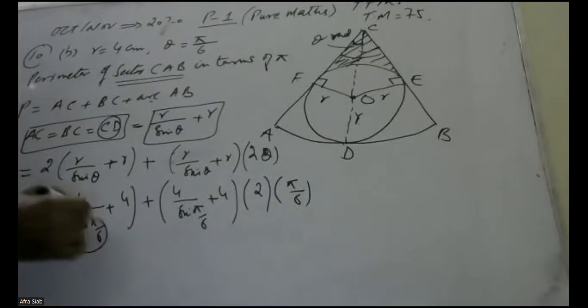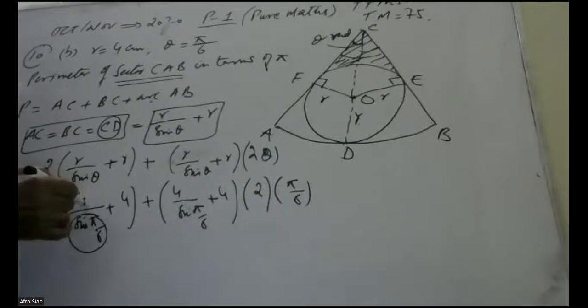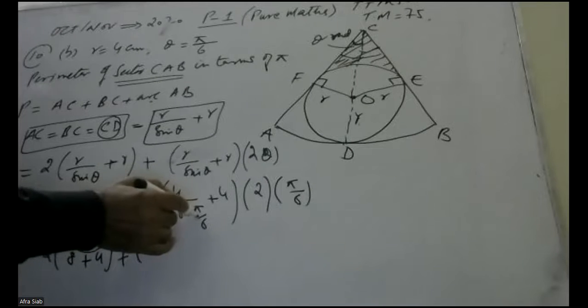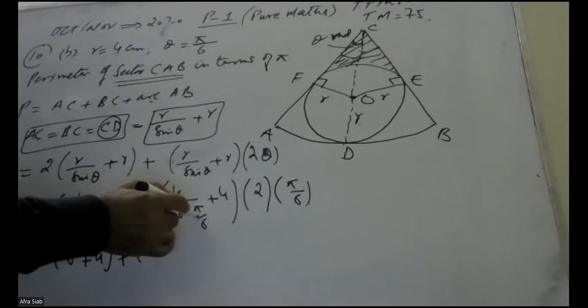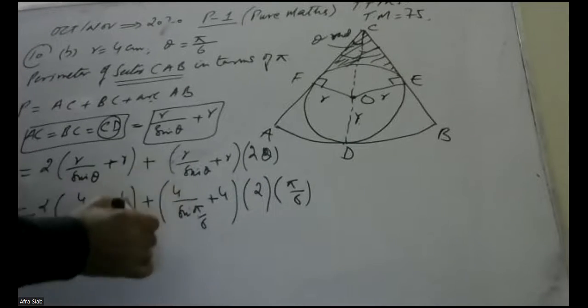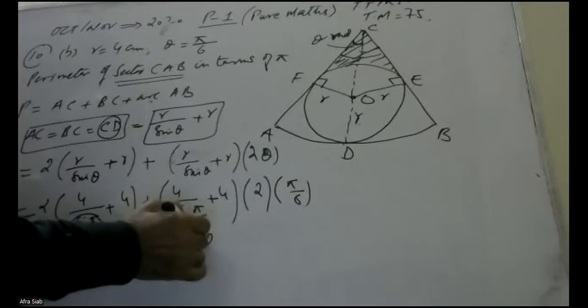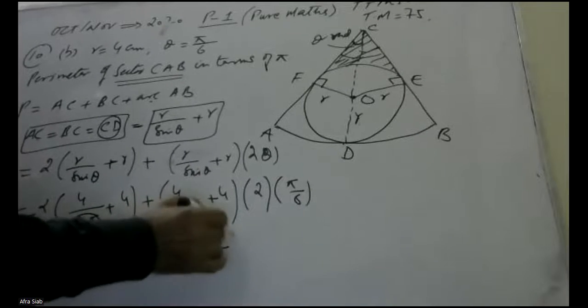Sine of pi by 6 is half, so 4 divided by half is 8, giving 2 into (8 plus 4) plus (8 plus 4) into 2 pi by 6.